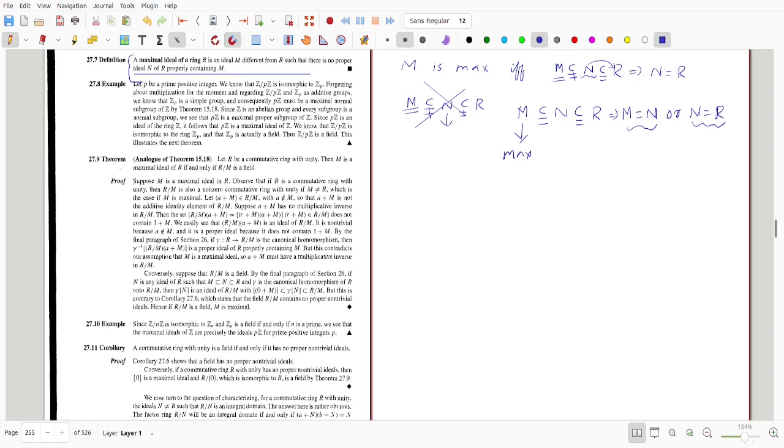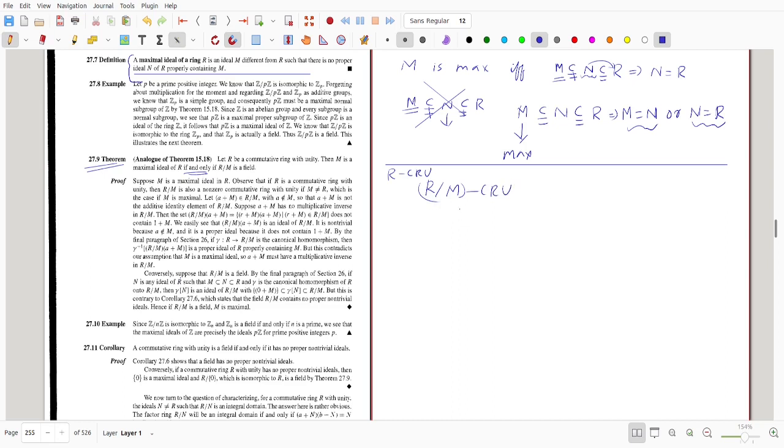Then immediately we can prove theorem 27.9. m is a maximal ideal if and only if r by m is a field. In order to prove r by m is a field, we start with a commutative ring with unity. So this r by m is also a commutative ring with unity.